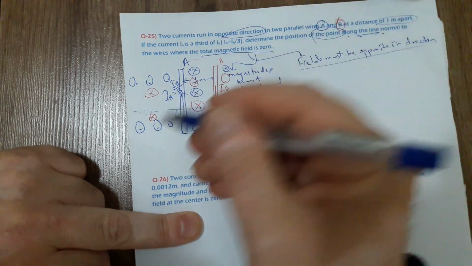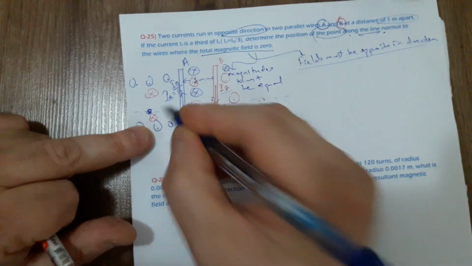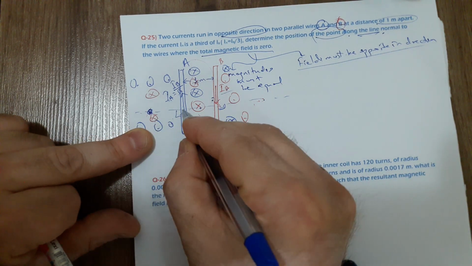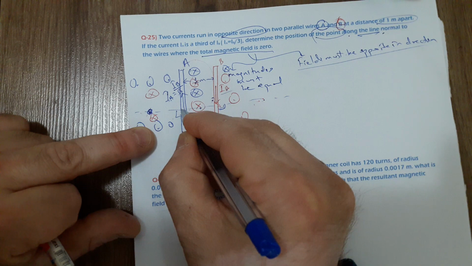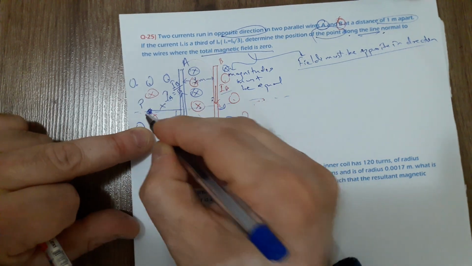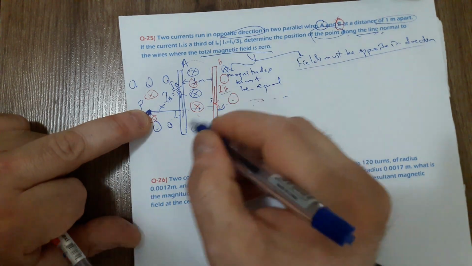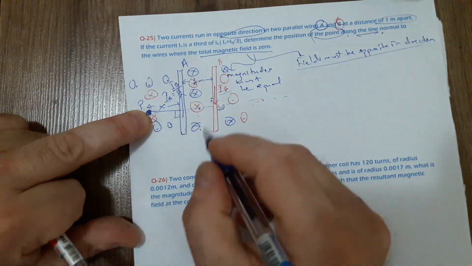So you are going to choose a point which is closer to the smaller current. I will say the distance from this smaller current carrying wire to this point, say P, is X. Here, the magnetic field will be 0. And the distance from the point to the wire is X.